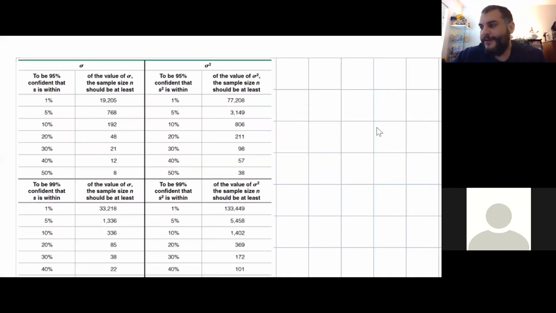All right, for the table, we're looking for three things: a confidence level of 95%, it being for sigma, and within 20%.